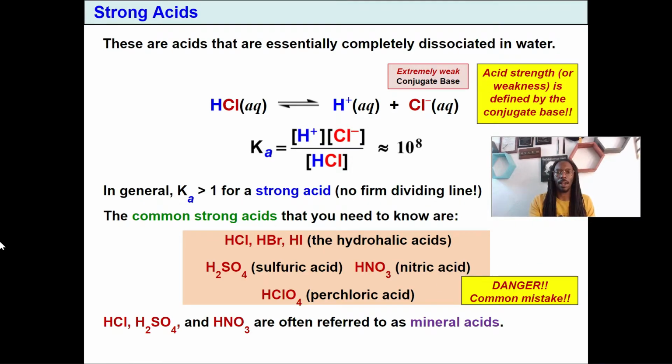And then our mineral acids are also strong acids. So HCl, H2SO4, HNO3, like I mentioned before, but they can be referred to as mineral acids. Okay, so these are the common strong acids that you probably should know just off the top of your head. It'll make it easier long term. But yeah, these are your common strong acids.